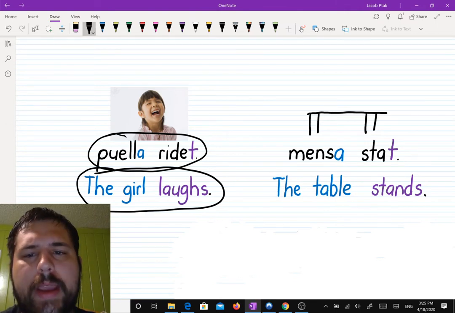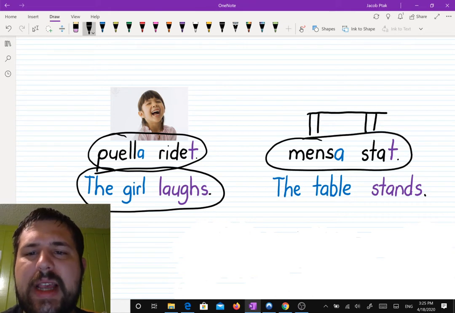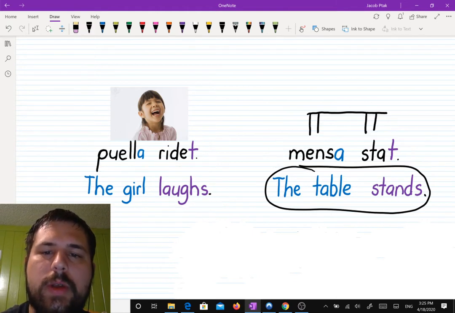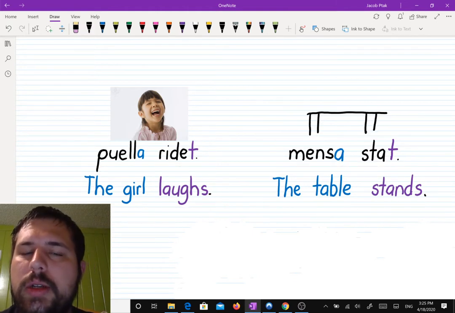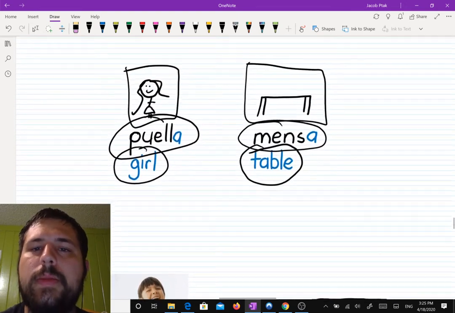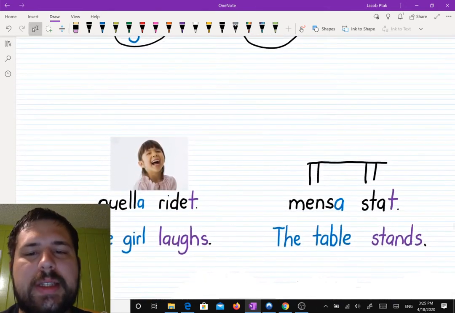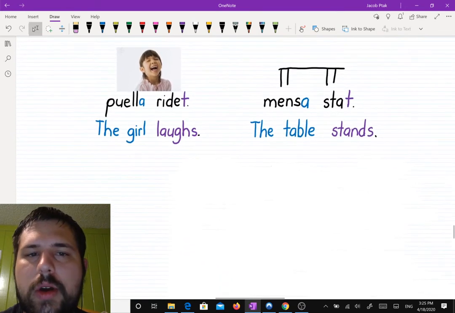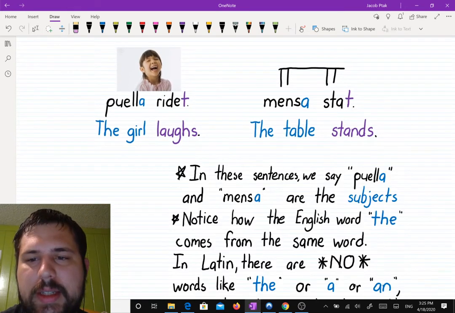Over here on the right you have mensa stat, the table stands. So we just took those same words that we had up here and just plopped them into a sentence. Now there's a few things I'd like you to take a note of, or at least notice about these sentences.